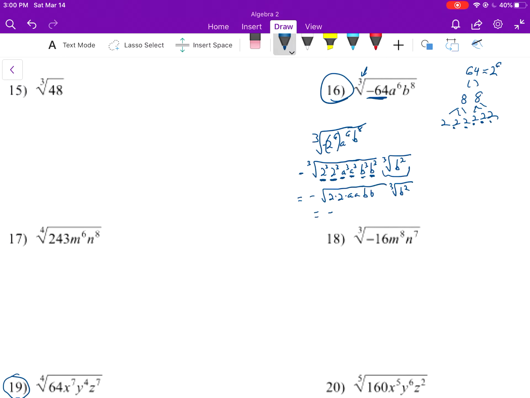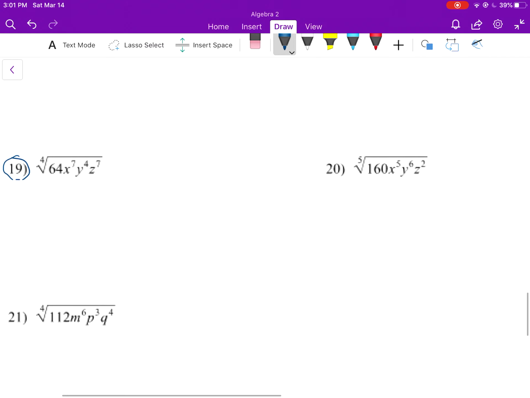Oh, I did something wrong here. We're taking the cubed root of this, so I should not have put a cubed root here. So we need to get rid of that. I apologize for that. Maybe some of you caught that. So this is negative 4 a squared b squared times the cubed root of b squared.